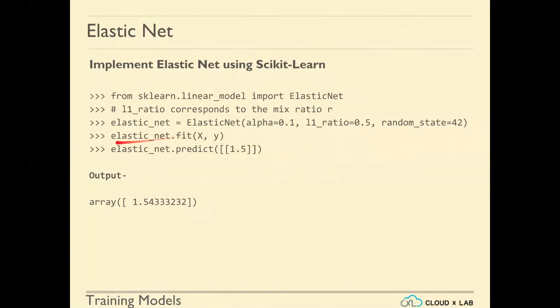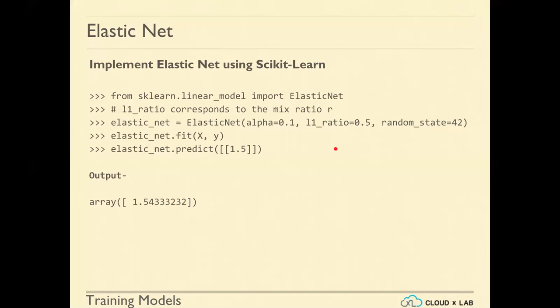Now we call ElasticNet.fit, passing the data, and we're predicting the value. You can see that the value is 1.54, which is good enough. So we are saying 50-50 of ridge and lasso. This L1 ratio is another hyperparameter.